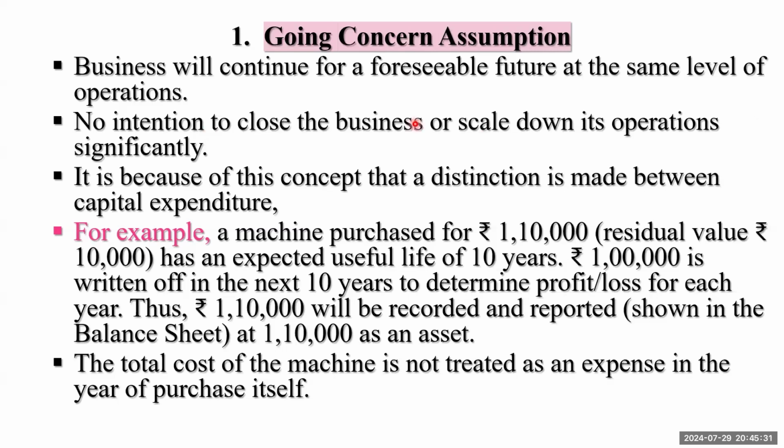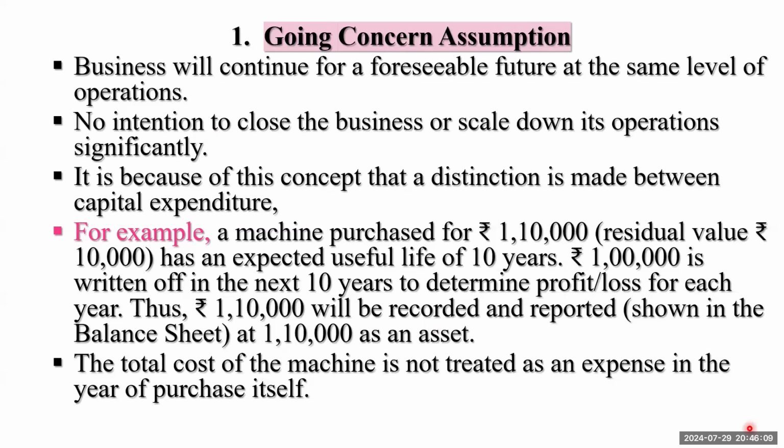This is the first accounting assumption, going concern, that the business will be carried on for an indefinite period. And this assumption helps us in differentiating between capital expenditure and revenue expenditure.